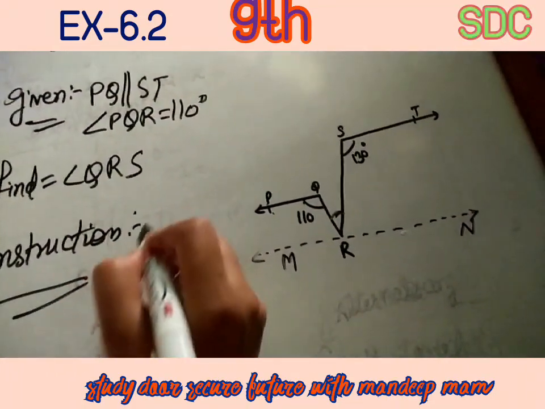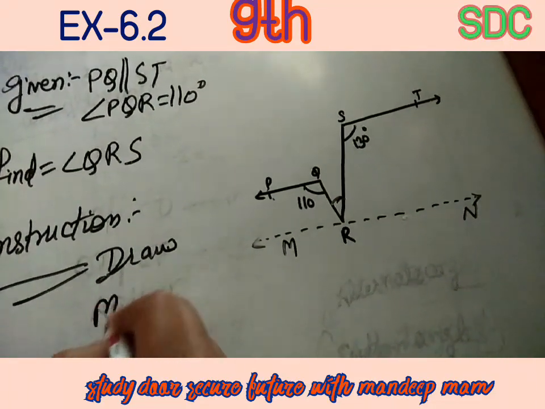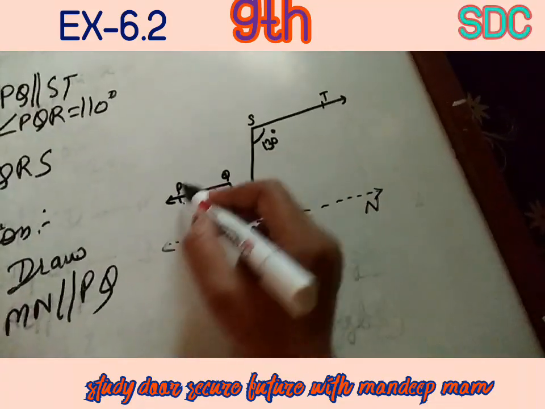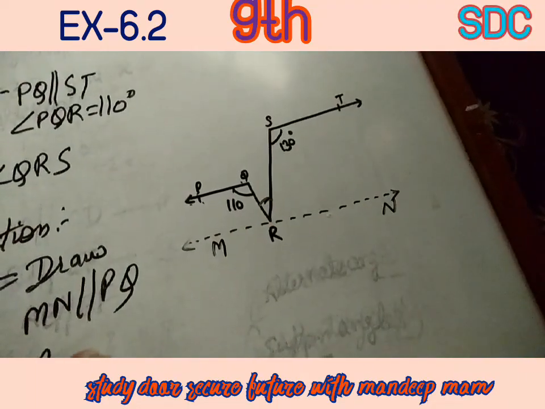Construction: draw a parallel line MN to PQ. Now PQ is parallel to what?